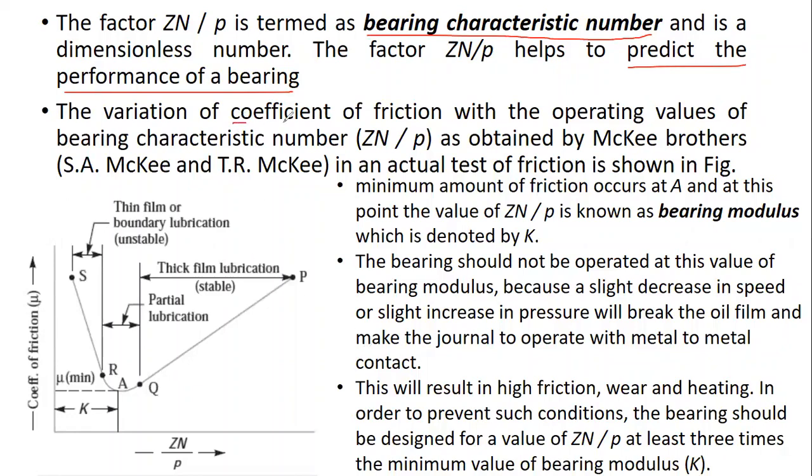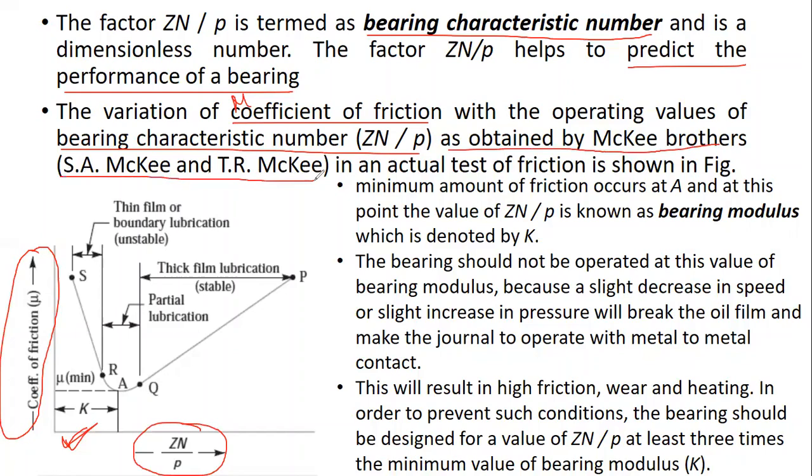The variation of this coefficient of friction mu with Zn by P, bearing characteristic number, this graph was plotted. You can see here mu is plotted on y-axis and bearing characteristic number Zn by P is plotted on x-axis, and this is obtained by Mackey brothers, S.A. Mackey and T.R. Mackey, in the actual test of friction that they have done.